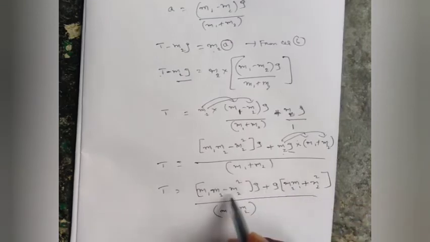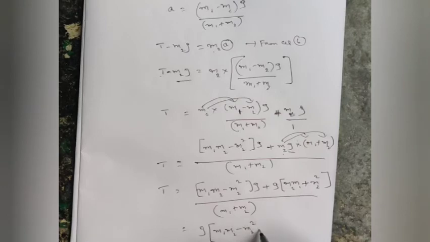Now let's do one thing. g is common. Write the remaining terms: m1 m2 minus m2 square plus m1 m2 plus m2 square, by (m1 plus m2). Now you can cancel the opposite terms, minus m2 square and plus m2 square.